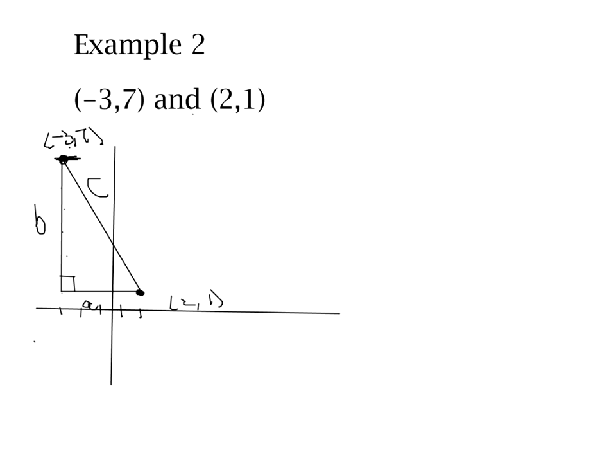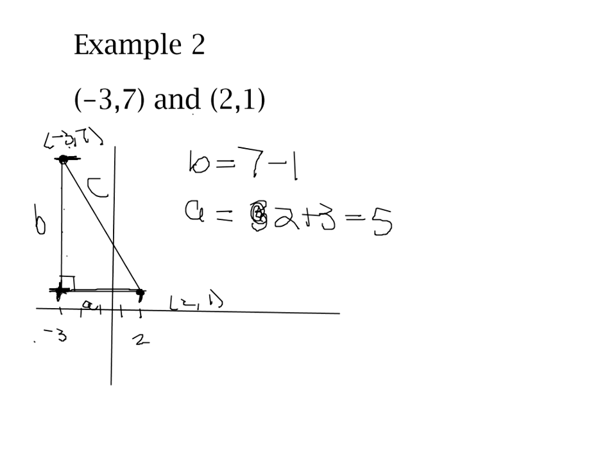So the length of B is from up here, 7, down to 1. So B is equal to 7 minus 1. That's the distance between those 2 points. A is the length of this, which is the distance from minus 3 to 2, that's going to be 2 plus 3. So the length of A is 5, and the length of B is 6.